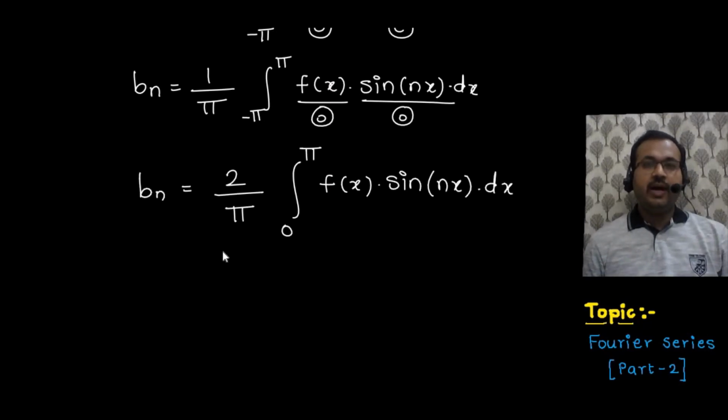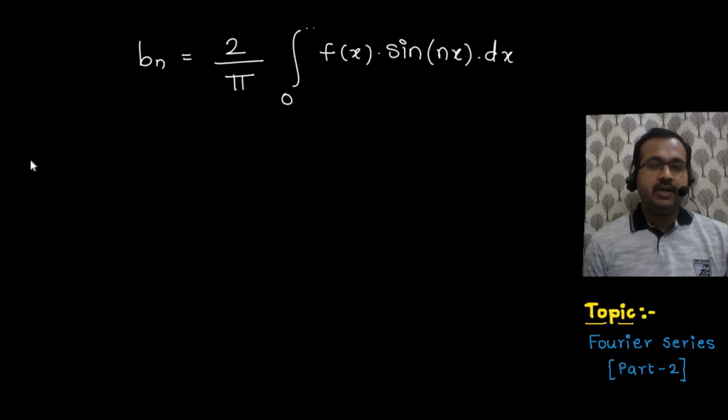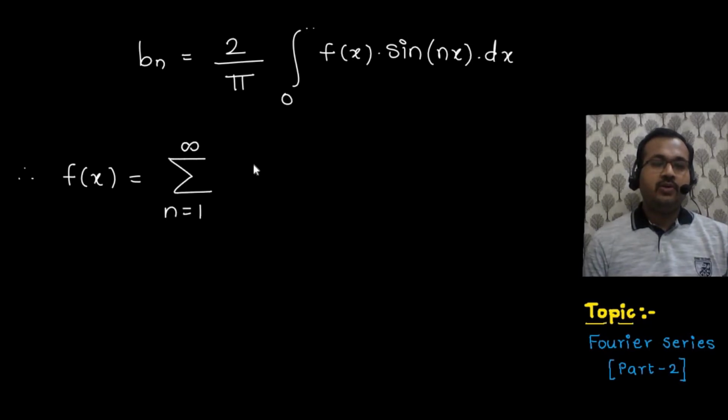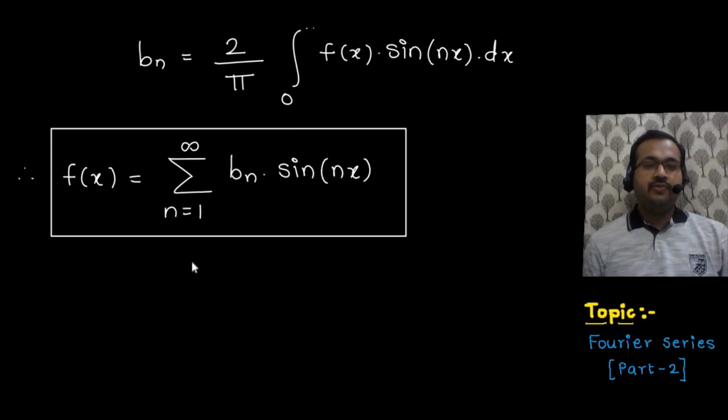Since a0 and an vanish for the given odd function, the corresponding Fourier series can be represented as: f of x is equal to, a0 gone, an gone. Now the remaining term is summation n varies from 1 to infinity bn into sin nx. This is the required Fourier series for the given odd function.